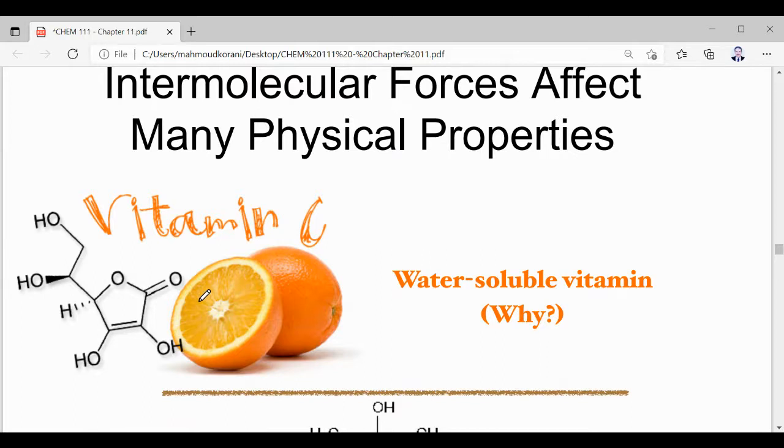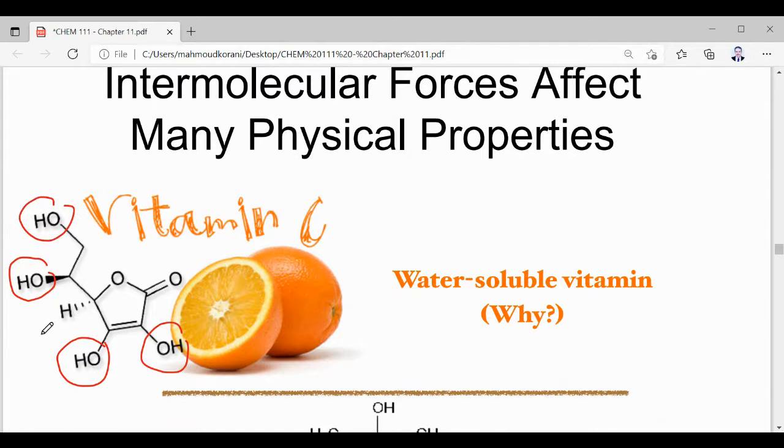We use it in juice and as a fruit and so on. As you see, the chemical structural formula of vitamin C shows many OH groups. You could conclude that this OH, or this hydrogen, is bound to another oxygen to form at least four hydrogen bonds.